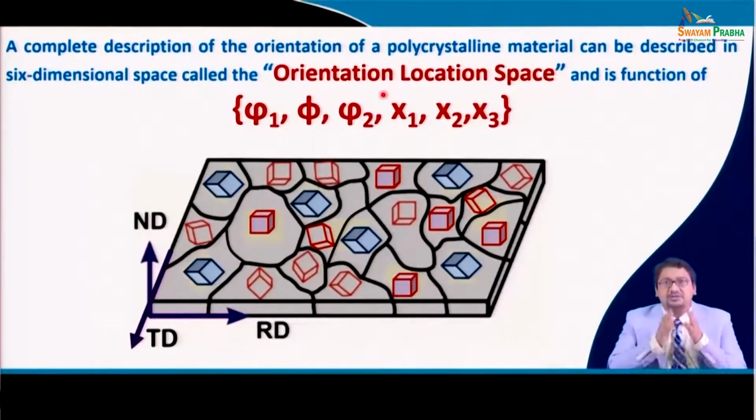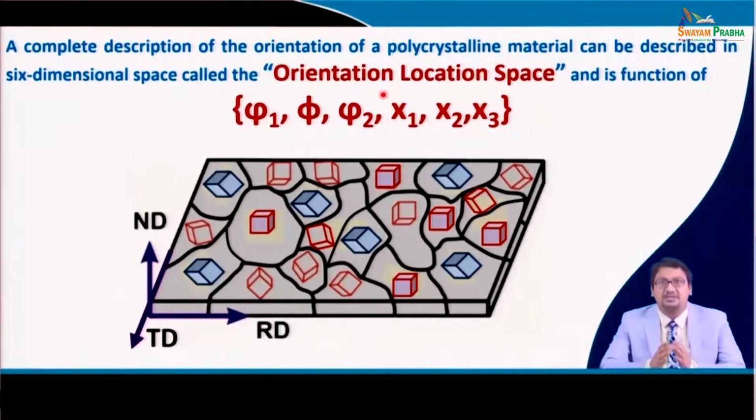And the orientation location space consists of a function of 6 variables, and these are basically phi 1, phi 2, x 1, x 2 and x 3. So, phi 1, phi 2 are the angular variables, and x 1, x 2 and x 3 are the locations.